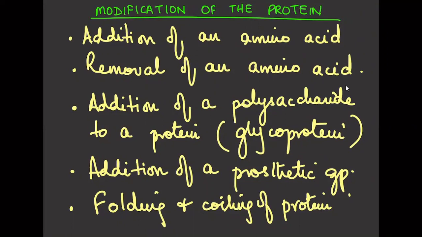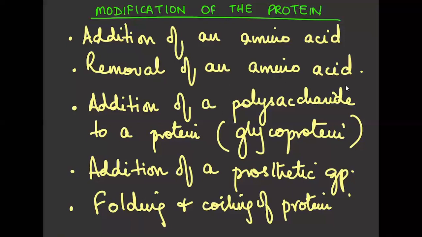So this means I want to modify this protein into a secondary or a tertiary or a quaternary structure. Maybe I want to add a prosthetic group. I want to add heme to it. I made the protein globin, but I want to add heme to it. That's the addition of a prosthetic group. Okay? Maybe I made the protein, but I think that I want to remove an amino acid, or maybe I want to add an amino acid.